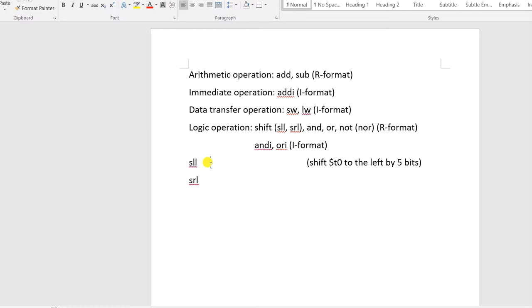So all the R format will be operation, followed by the destination operand, first source operand, second source operand. I want you to implement this operation: shift T0 to the left by 5 bits, and store the results, let's say, in S0.